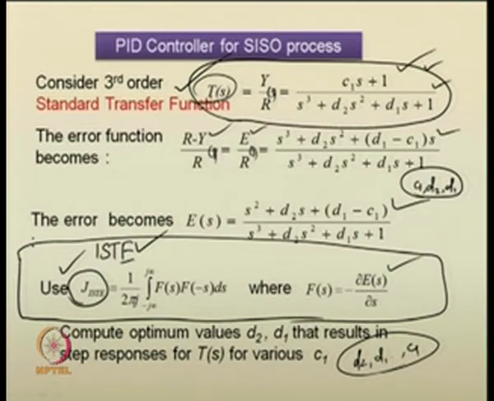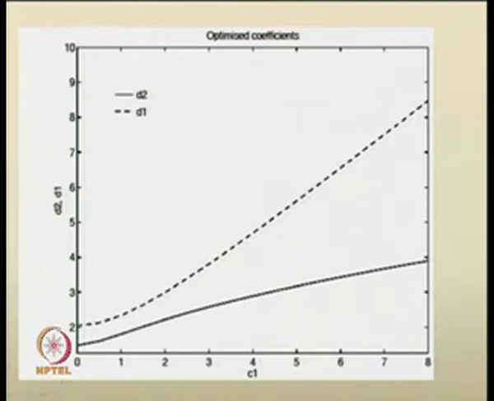So, using the ISTE optimization or minimization, one can obtain D2 and D1 coefficients for various C1. The x axis goes from 0 to 8 and the y axis goes from 1 to 10. So, this is what we have got, D2 and D1.